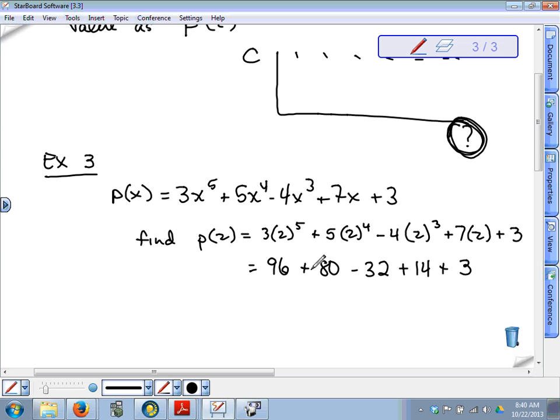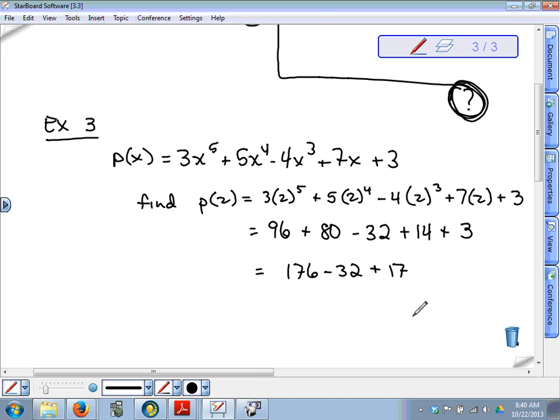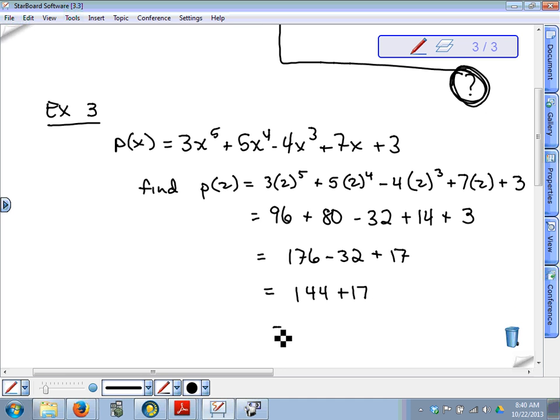Now 96 plus 80 is 176. Then we subtract 32. Then we add 17. 176 minus 32 is 144. Then we add 17, and that's going to equal 161. So yeah, it can be done by hand. It's not pretty, nor is it very much fun.